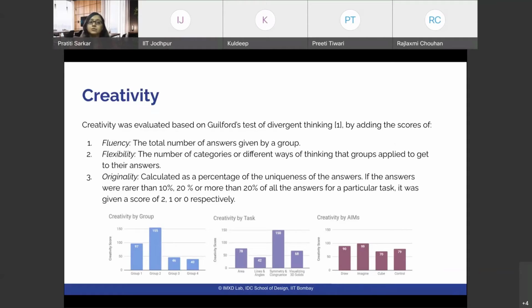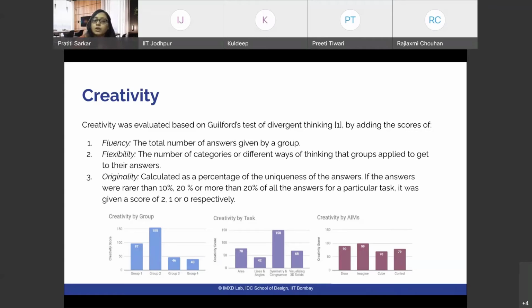Flexibility was to see how many categories or different ways the groups were thinking to solve the answers. And originality was to see among the groups how original or unique the answers were. So this evaluation gave us a good view of how creativity was seen across the group, across the task, and across the AR interaction medium.